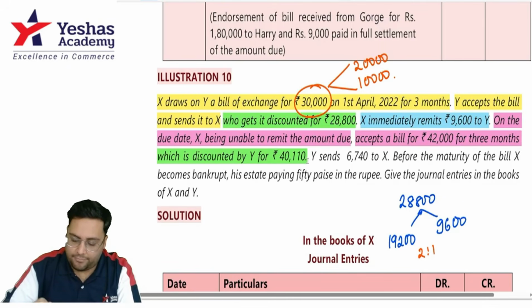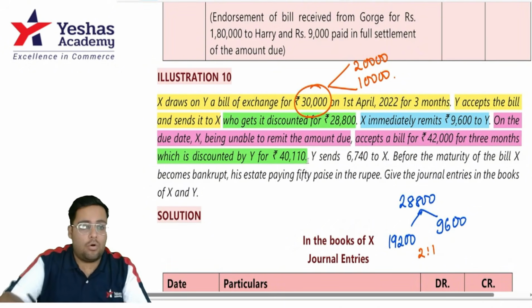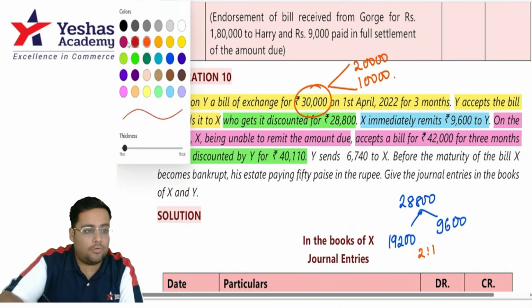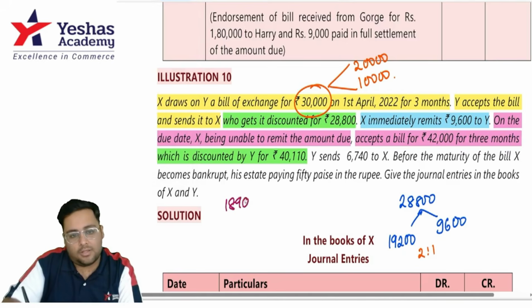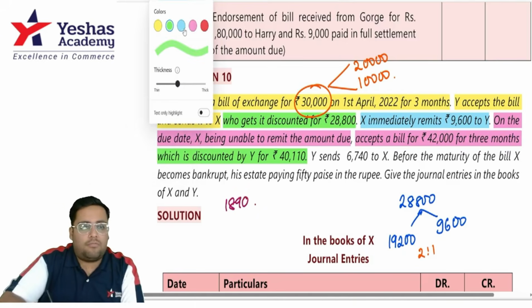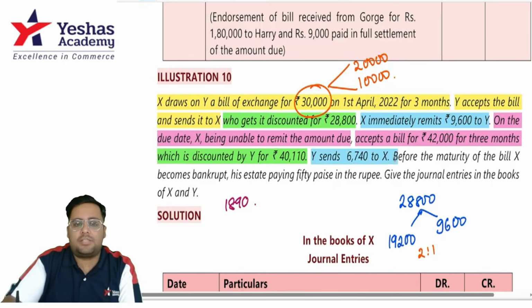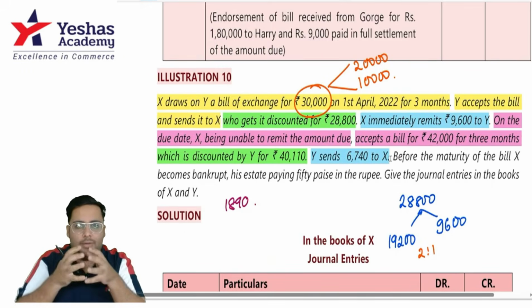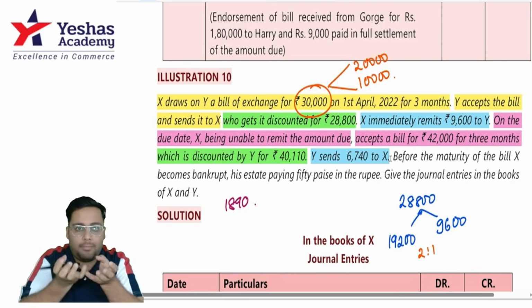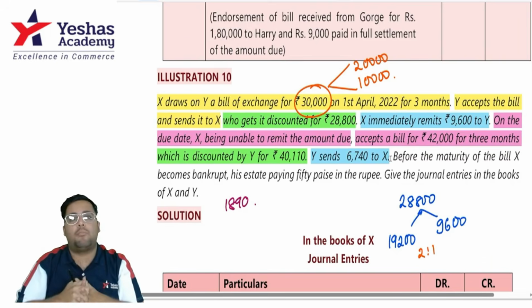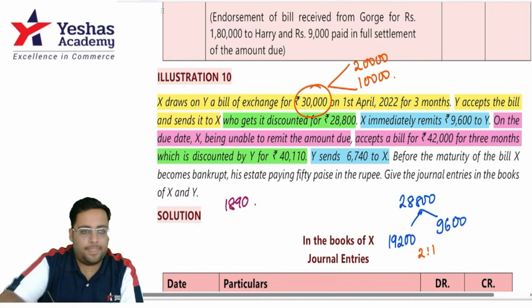They discounted it for 40,110. 1,890 will be the discount of the second bill. Out of that, Y sends 6,740 to X. For the second bill also, they went and discounted the bill. They got some money. That money also is being shared between both the parties, X and Y.